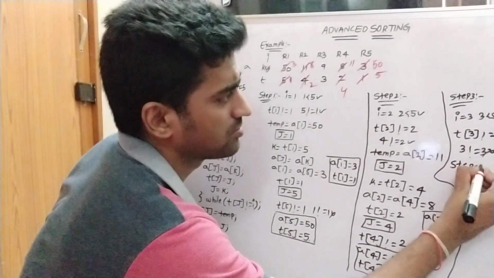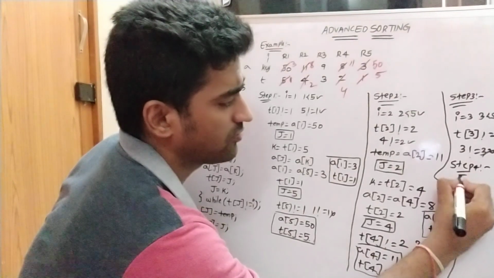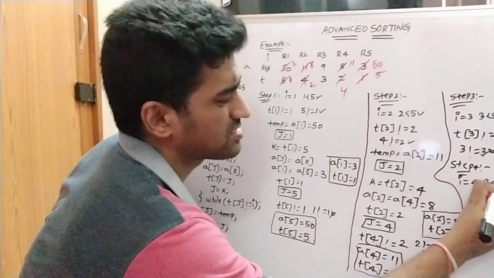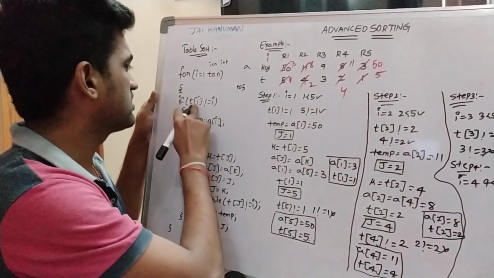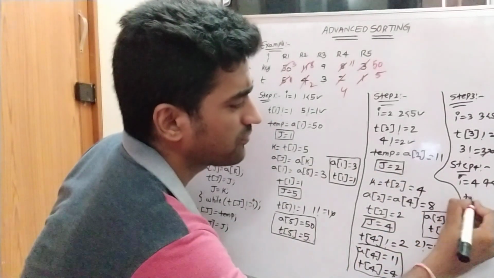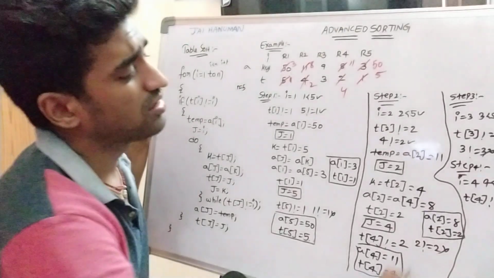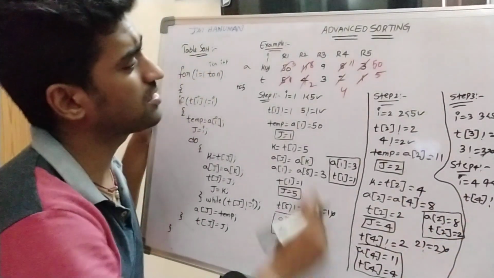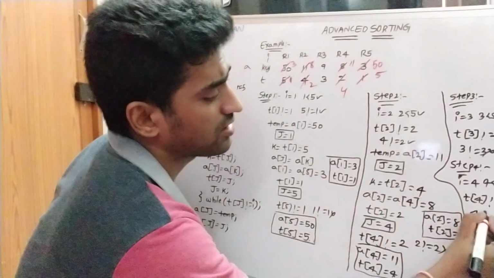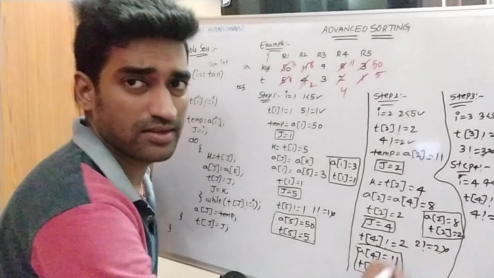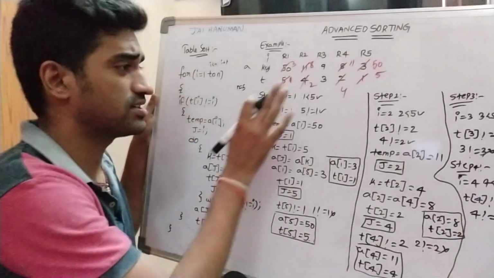So in step 4, I is equal to 4, 4 less than 5. So the condition is true. I am checking this condition. T of 4 not equal to I. So what is T of 4? 4 not equal to 4. So the condition is failure. So we need not execute these statements.